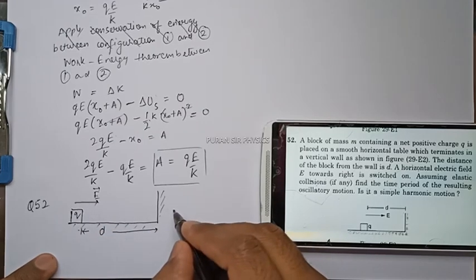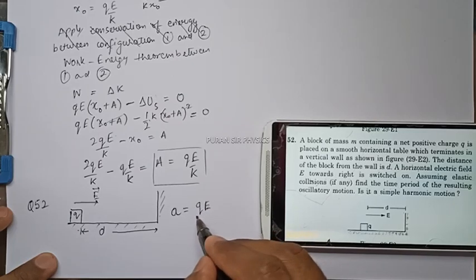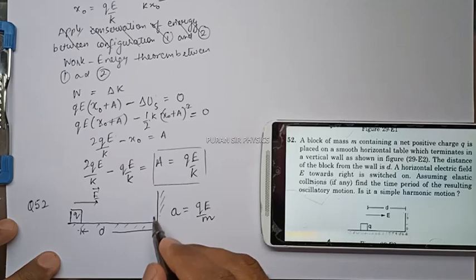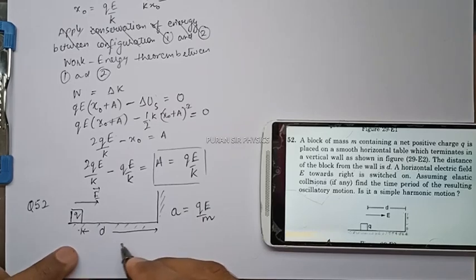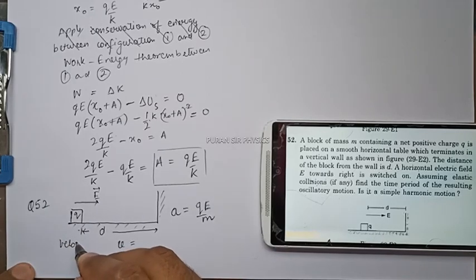The acceleration, we know, will be force upon mass. So this is the acceleration, and the velocity at this point will be, this is the velocity just before collision.